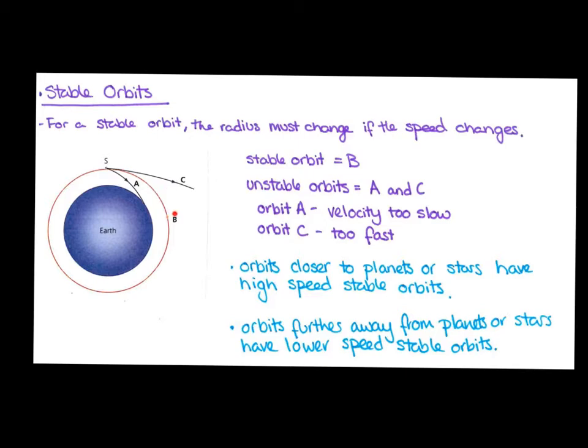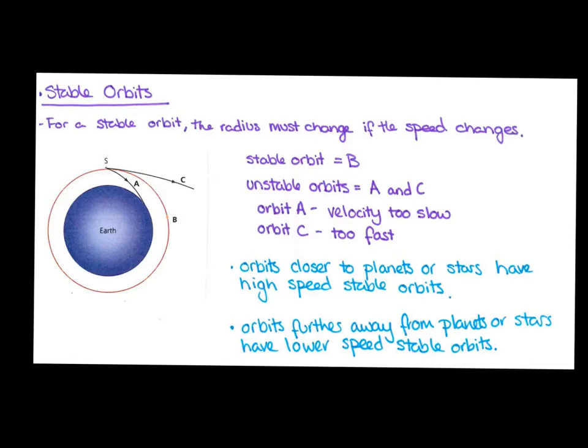So we've just said that orbit B is a stable orbit, and the unstable orbits are A and C. Now it's interesting because in orbit A, the velocity of the satellite is too slow, and so it crashes into the Earth. But in orbit C, the velocity of the satellite is too fast, and so it shoots off and escapes.